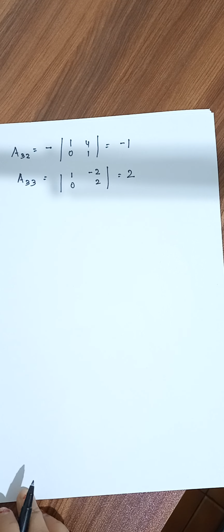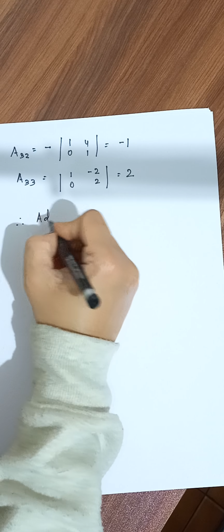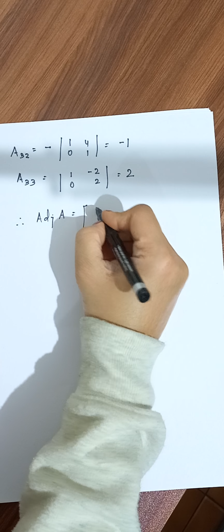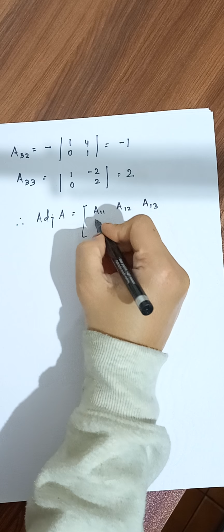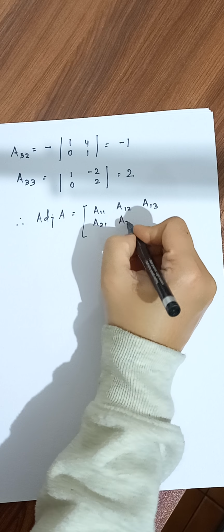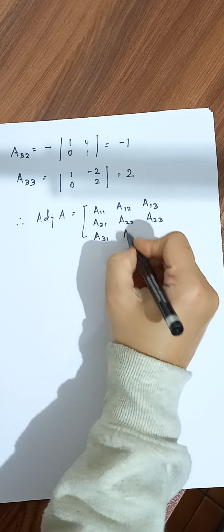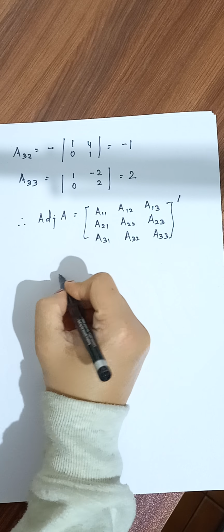Okay, so we have found the values of all cofactors here. So we get the adjoint of A. We have to take all cofactors: A11, 12, 13, A21, A22, A23, A31, A32 and A33. These are the cofactors which we have already found, and we have to take the transpose of it.